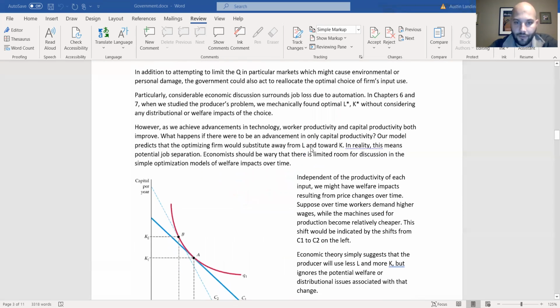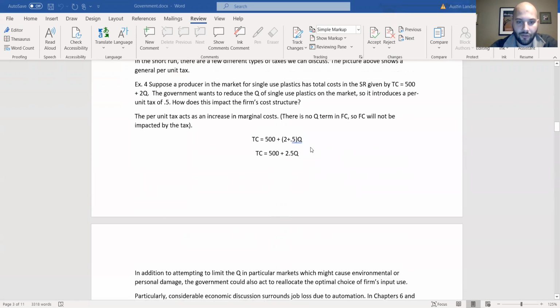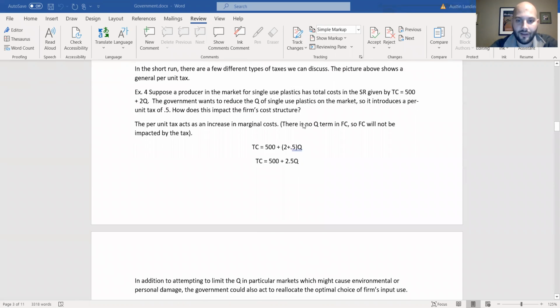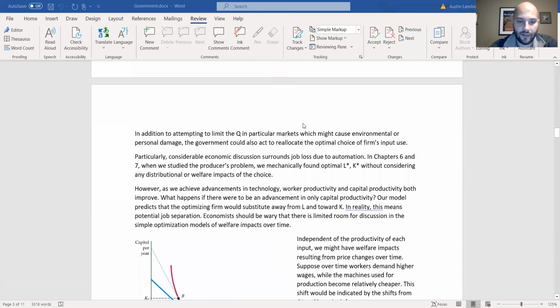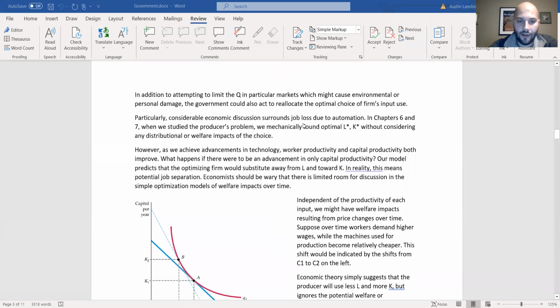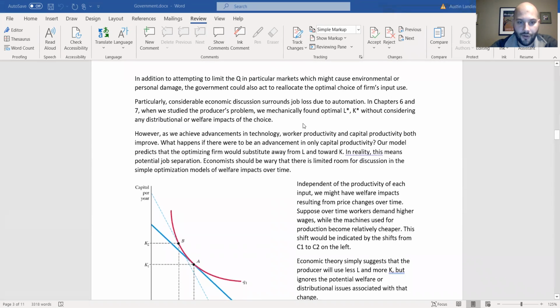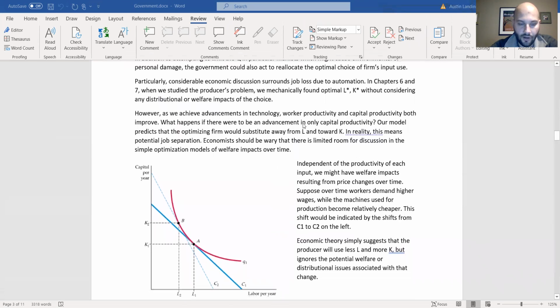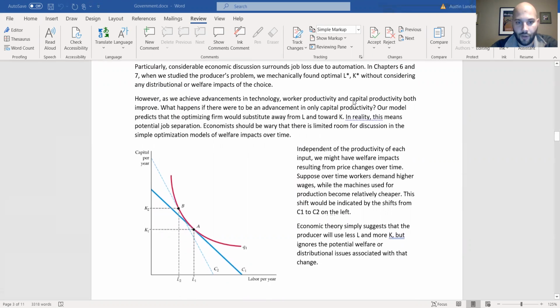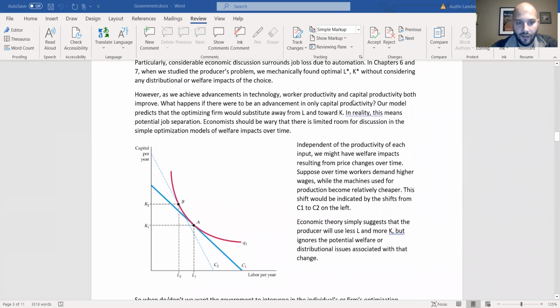All right. In addition to attempting to limit quantity in markets where there might be some sort of environmental damage, like single-use plastics, the government could also act to reallocate the optimal choice of firms' input use. So in chapters 6 and 7, we studied the producer's problem, and we found L-star and K-star, and we didn't really think about any distribution or welfare impacts of that choice.